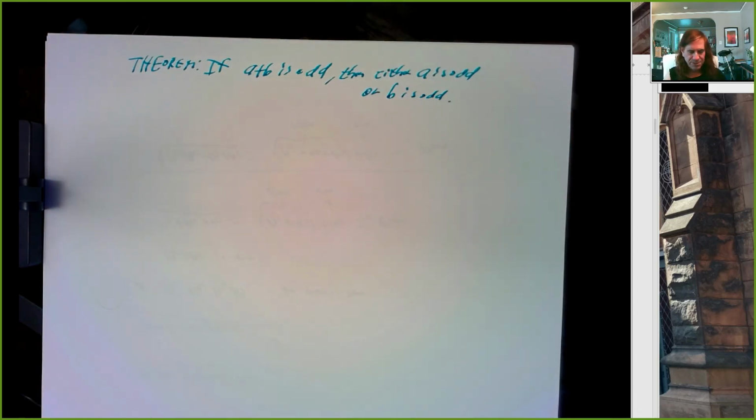If the sum of two integers is odd, then the first one is odd or the second one is odd. And we'd like to prove this.